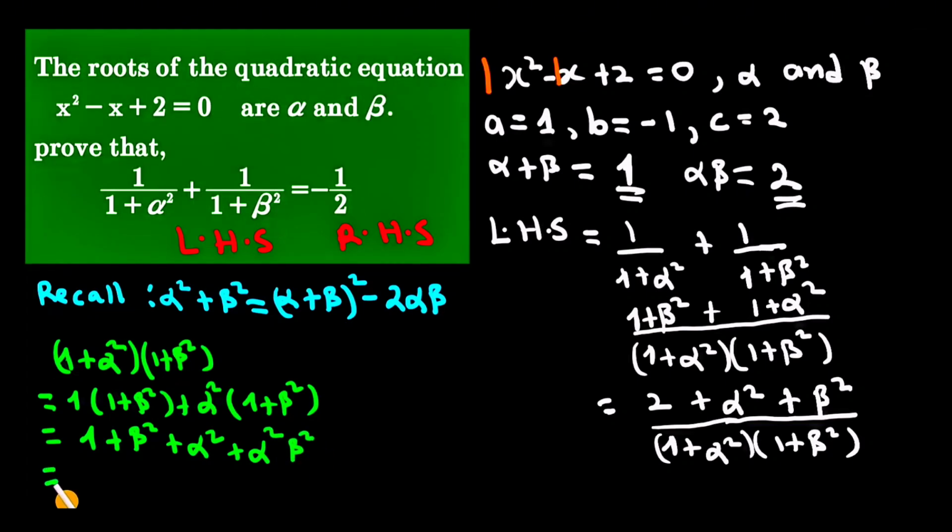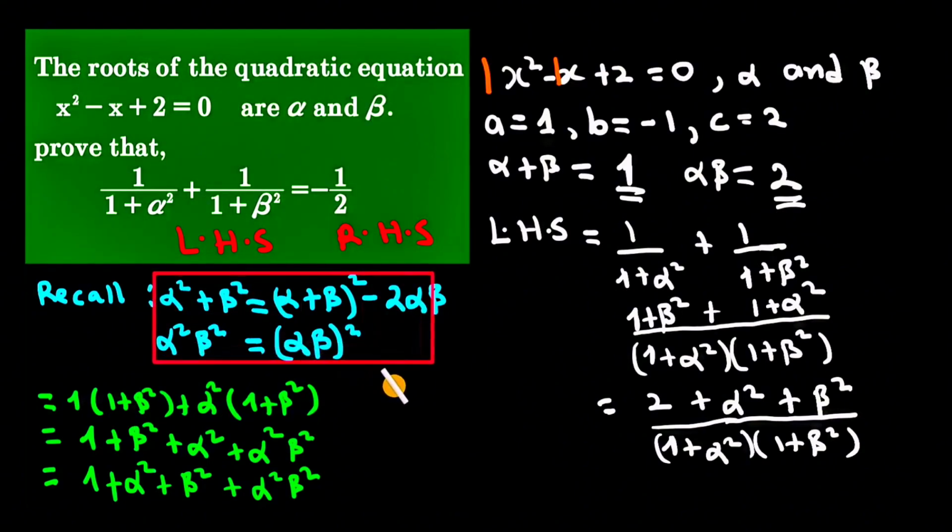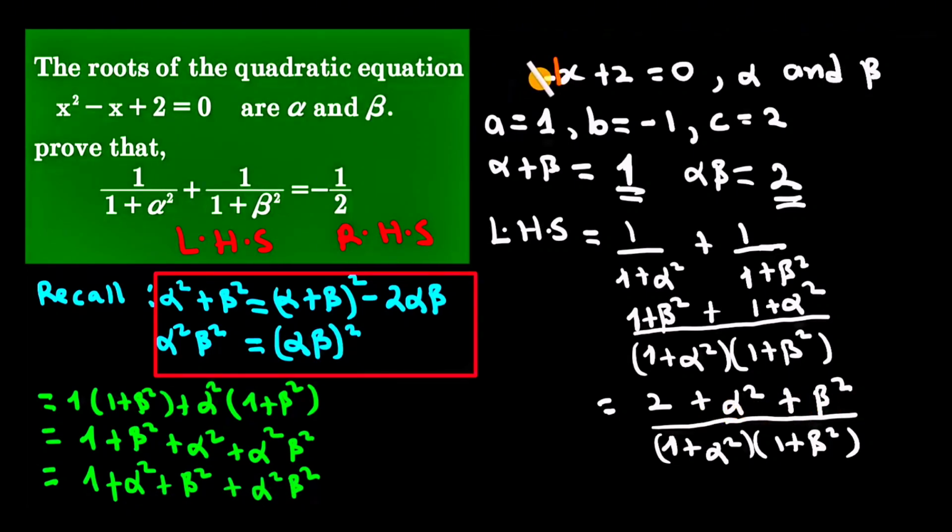Now you see that this will be the same as 1 plus alpha squared plus beta squared plus alpha squared beta squared. You know that alpha squared beta squared is equal to alpha beta, all that squared. I will need to substitute these two equations in this expression and this one.